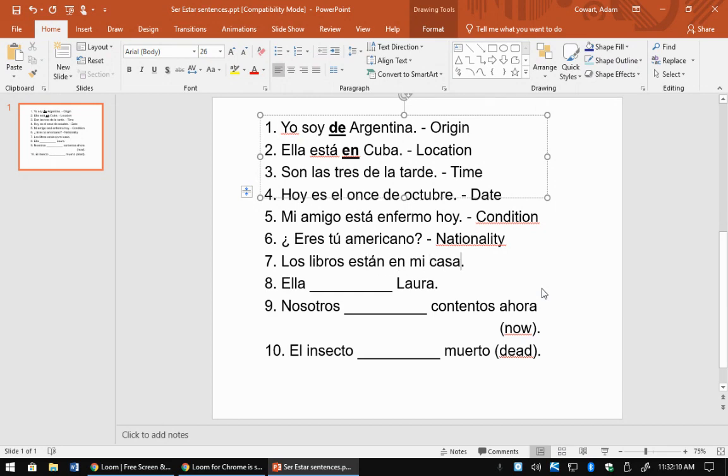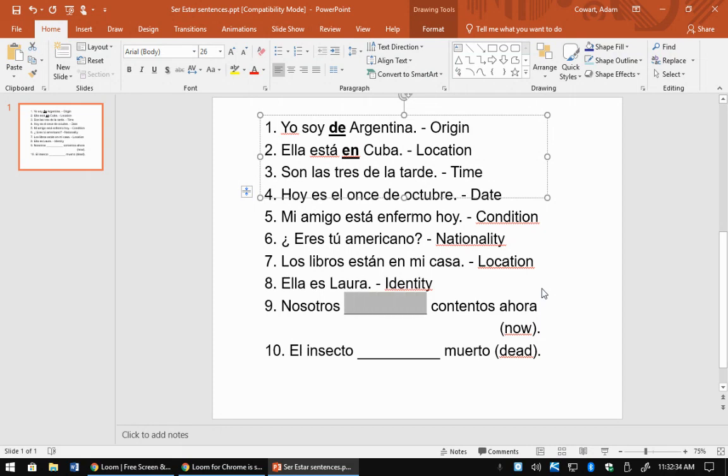The books are in my house, location. This is están because it's two books, okay? This should be kind of a simple one. This one is ella es Laura. Ella es Laura. That is identity. I'm identifying who that is. Oh, that's Laura. She's your teacher.